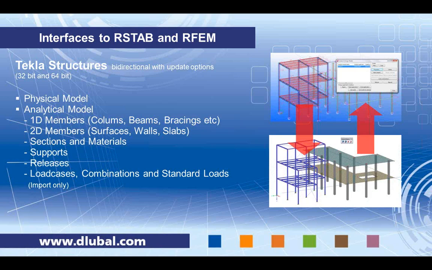The interface between Dlubal and Tekla takes care of this conversion, and the analytical model is inside the Tekla Structures model, and it is derived automatically in some way from this architectural or physical model. We'll see this live later.